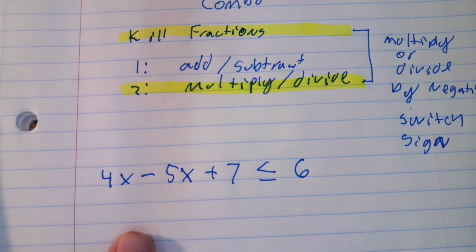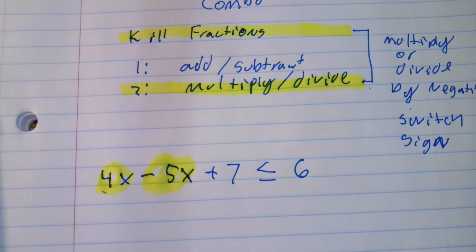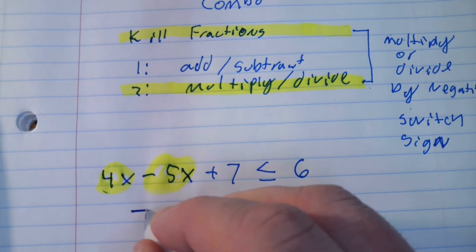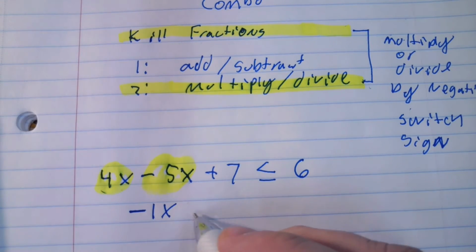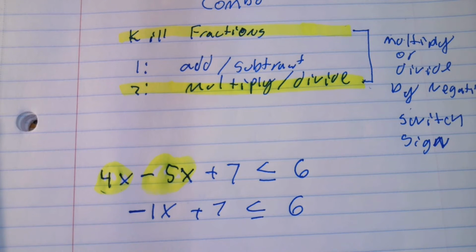Okay. Is there a distribute property? No. Can we combine terms? Right here, these guys would be like terms. So that gives me what? A negative 1x, or negative x, depends on how you write it. Okay, no fractions to kill, move on.